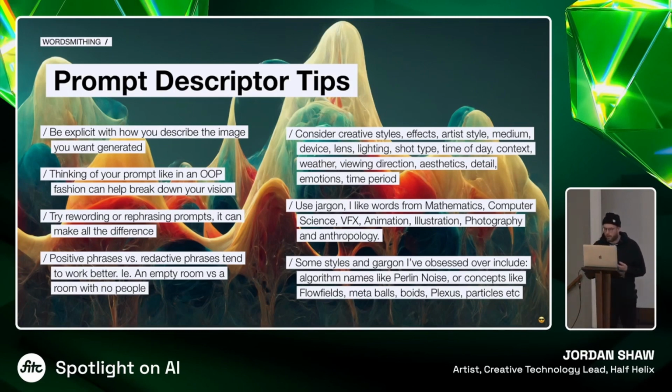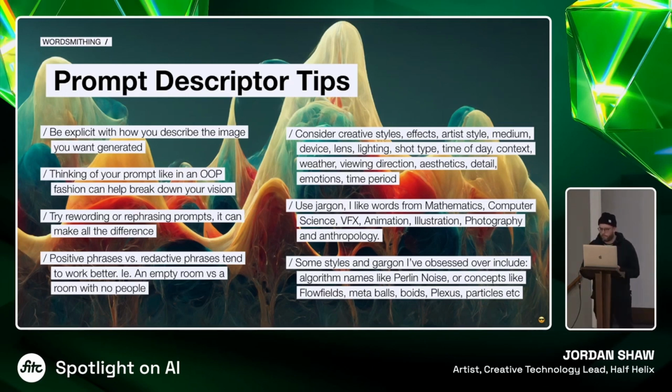And then also think about the different creative styles and aspects that you want. Describe the scene as explicitly as possible. What's also really helpful, I've found, is using jargon. It can be obscure in a conversational way, but for working with such large language models that are doing the interpretation, it's panned out to be quite helpful.